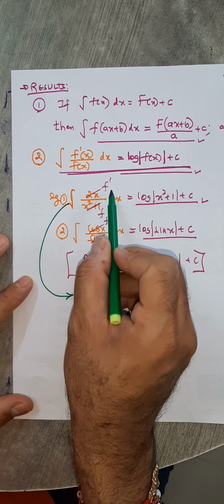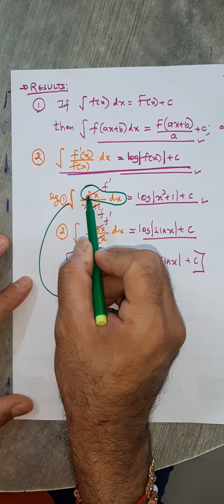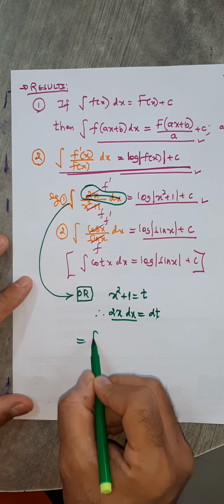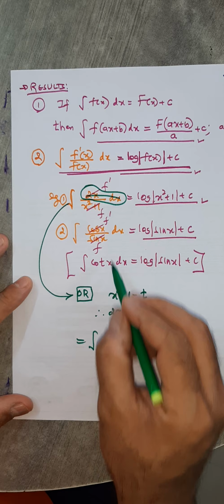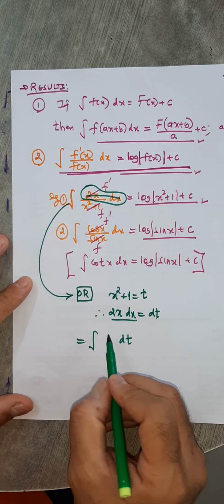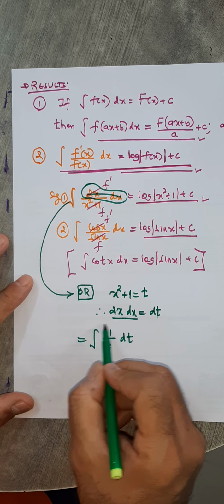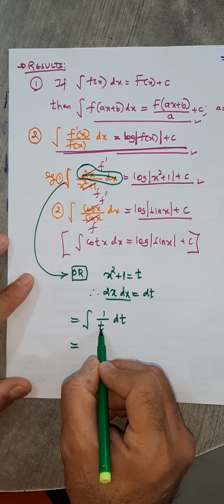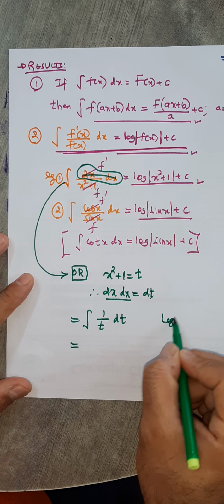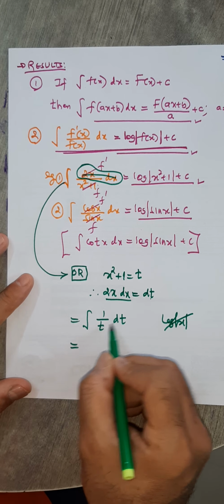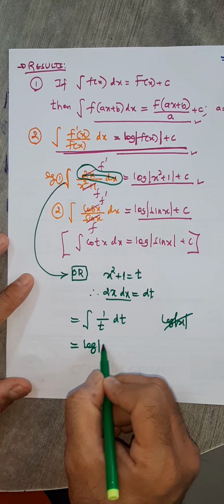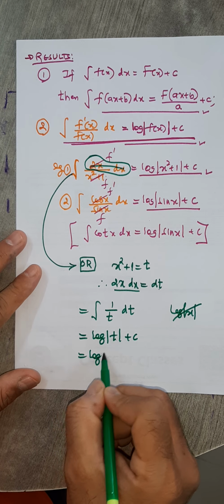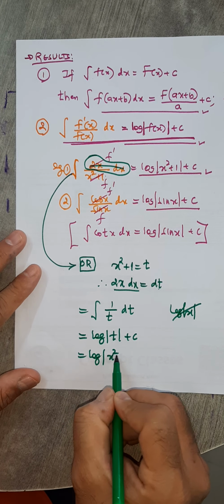Now you see in this question, this much is already there, ready for you. This is dt. So this equals dt upon t, since x square plus 1 was t. Now what is the integral of 1 upon t? What's the integral of 1 upon x? Log of mod of x. But here instead of x you have t, so log of mod of t plus c. What was t? Tell me. t was x square plus 1, so we get the same answer.